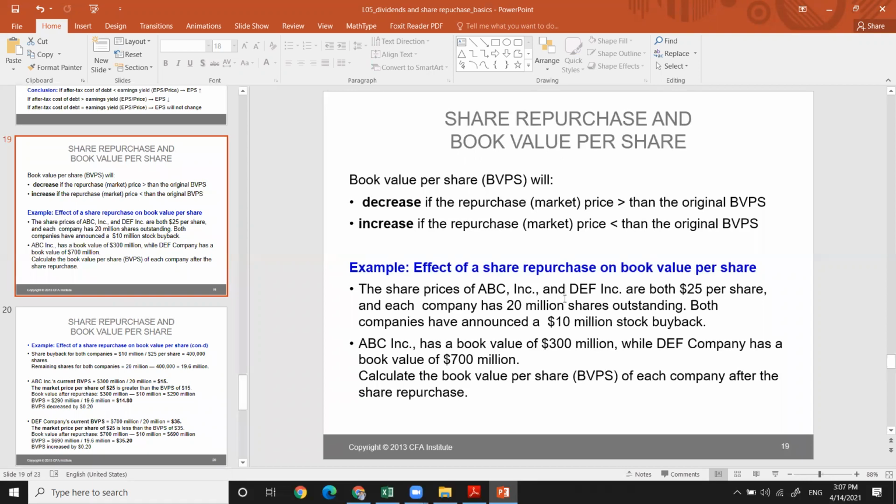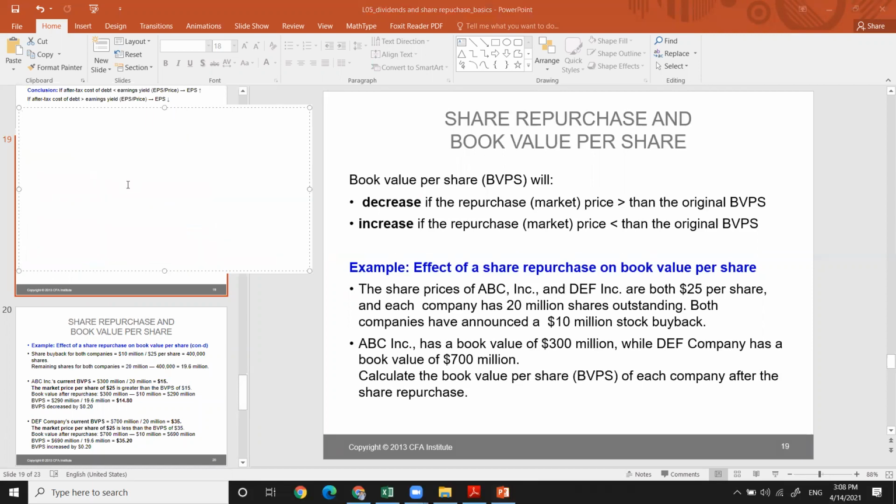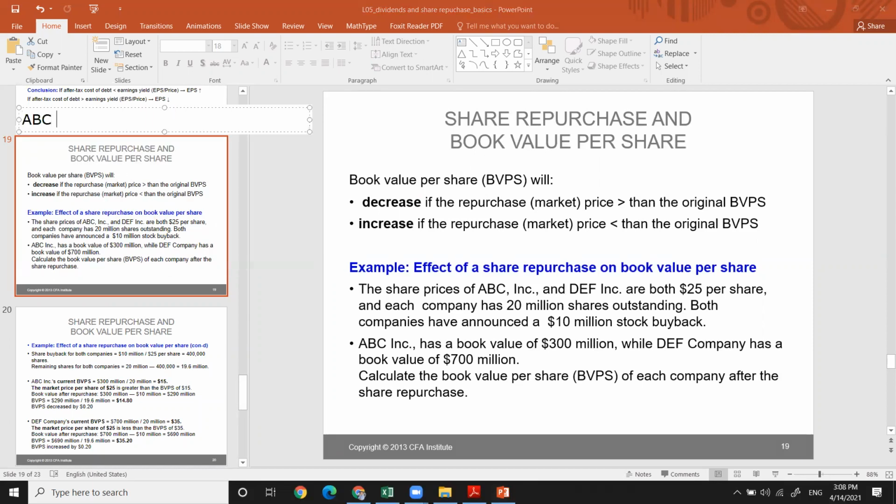Share price of ABC and DEF are both $25 per share, and each company has 20 million shares outstanding. So in both cases, either it's ABC or DEF, they both have $25 per share and 20 million shares outstanding.